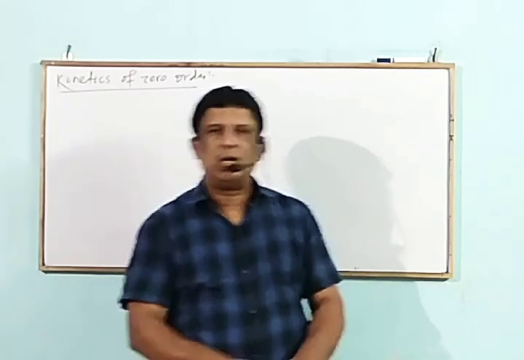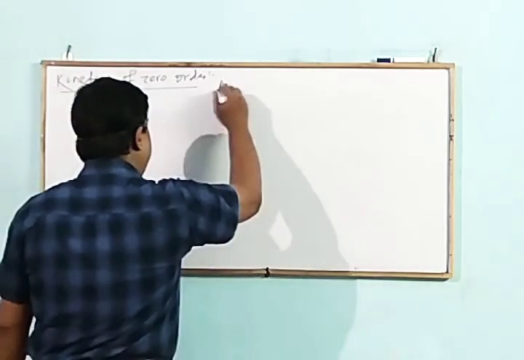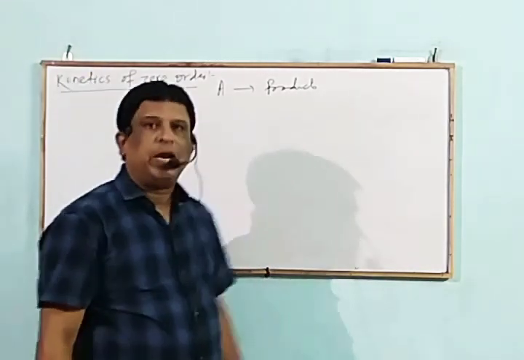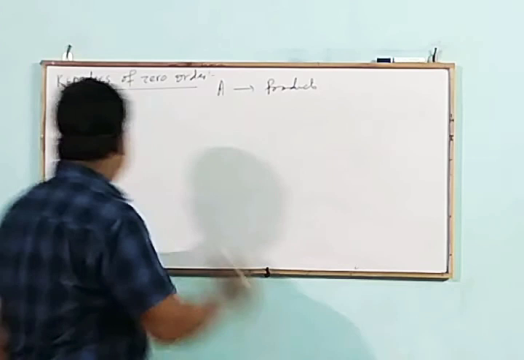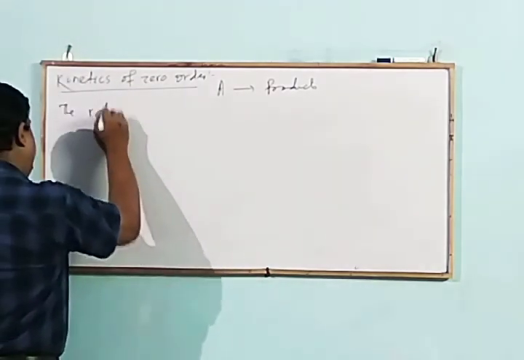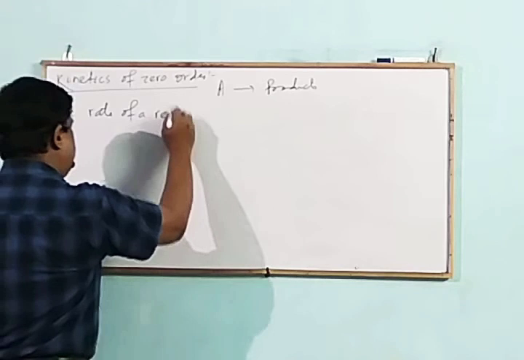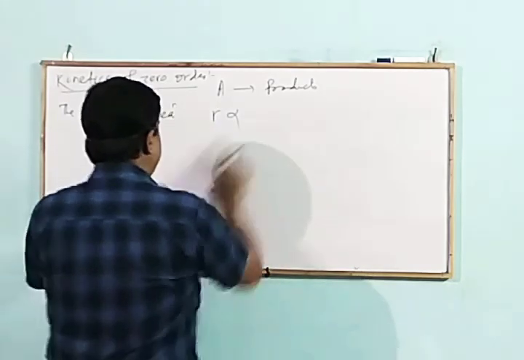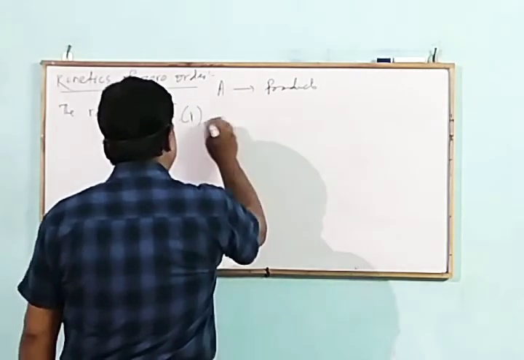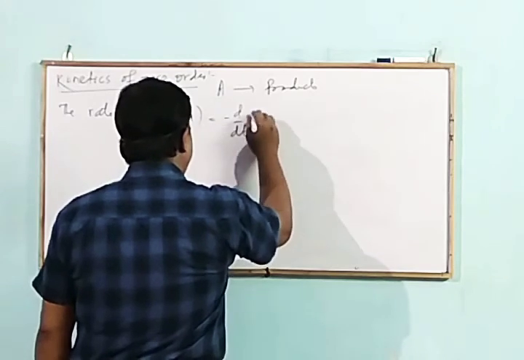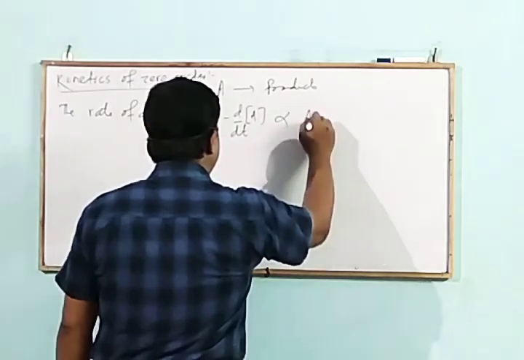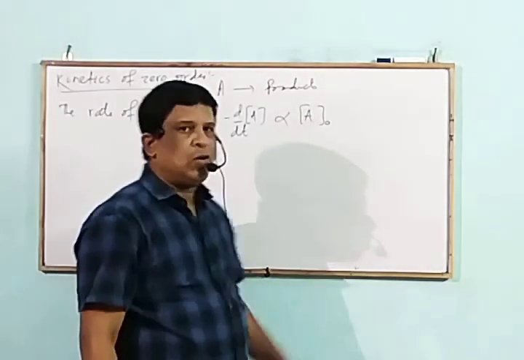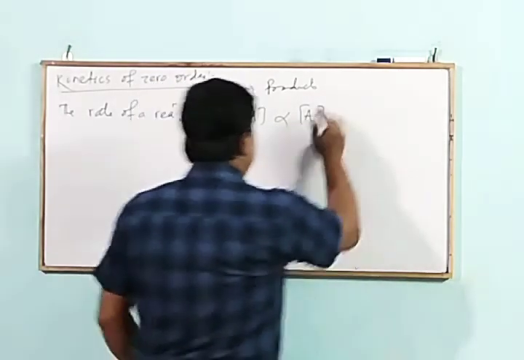So let us consider a zero order reaction, A gives rise to product. Then according to rate law, the rate of a reaction R is equal to minus d by dt of molar concentration of A, proportional to A naught, the initial concentration of reactant, to the power 0.